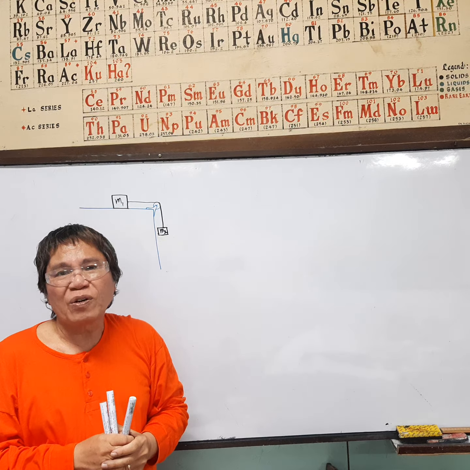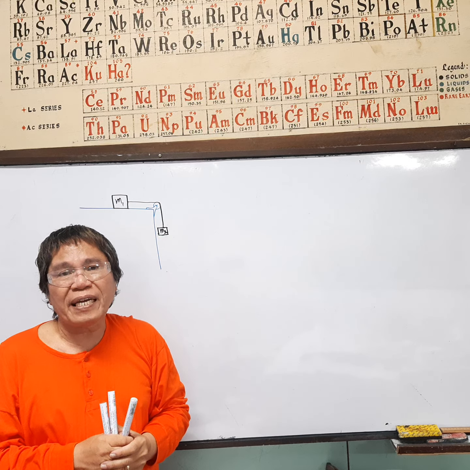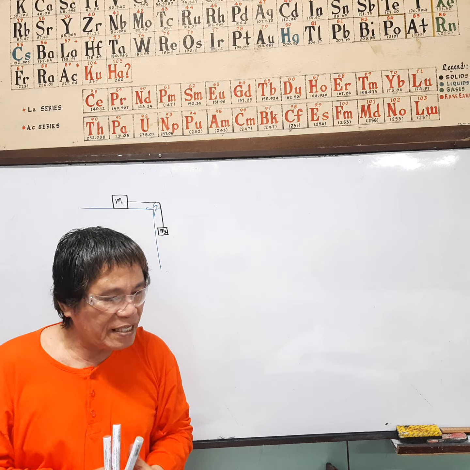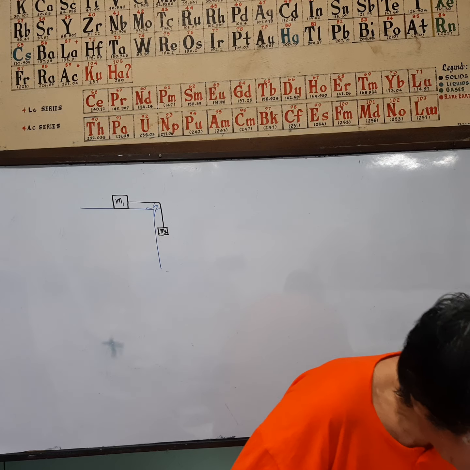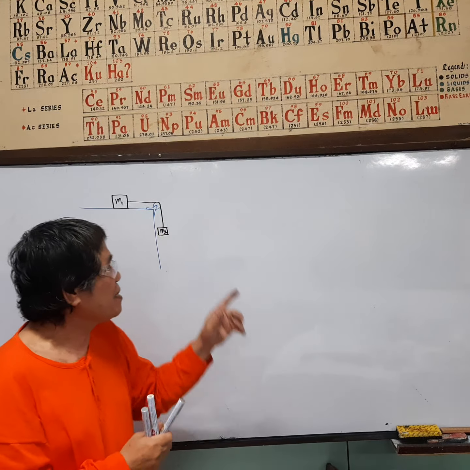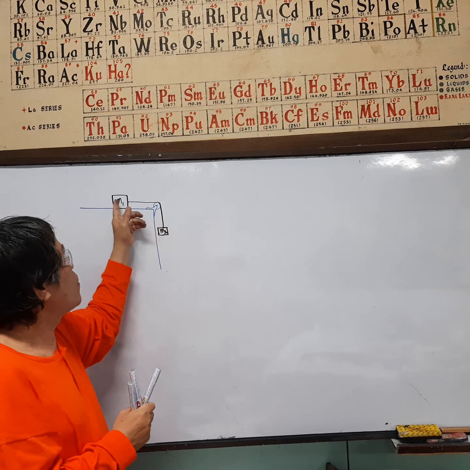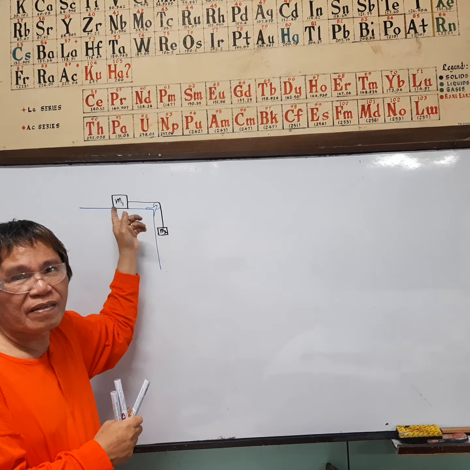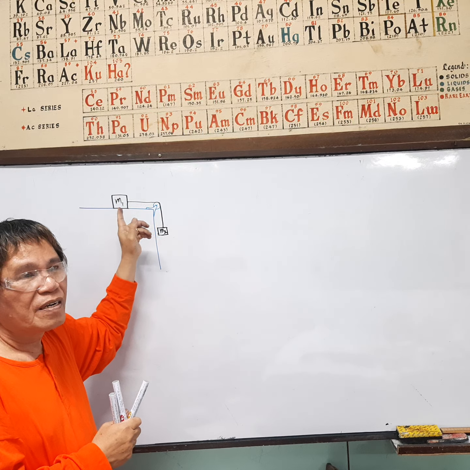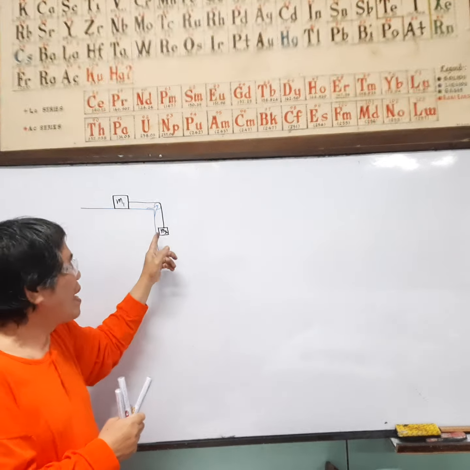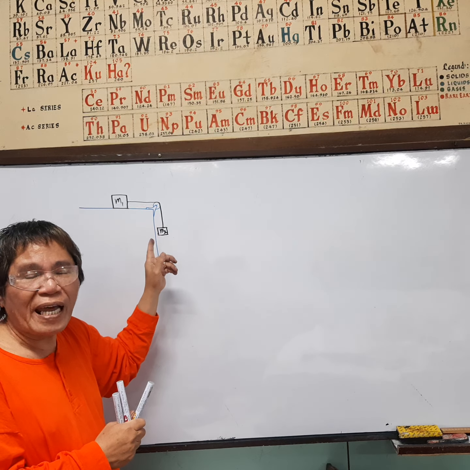The M2 is connected to a string, a rope, whatever. It is a string pulling block 1. So block 1 is bigger, larger. Block 2 is smaller.